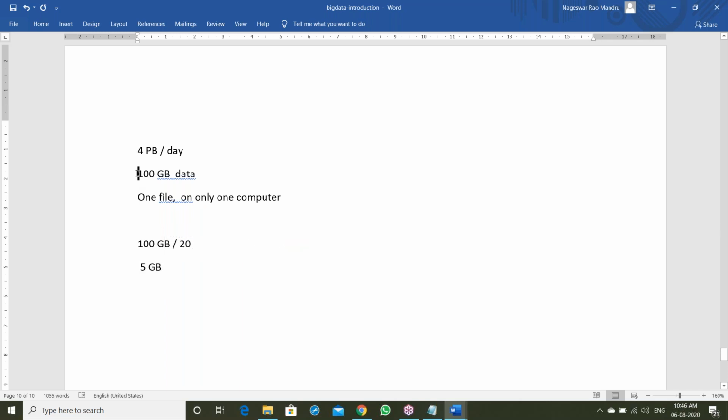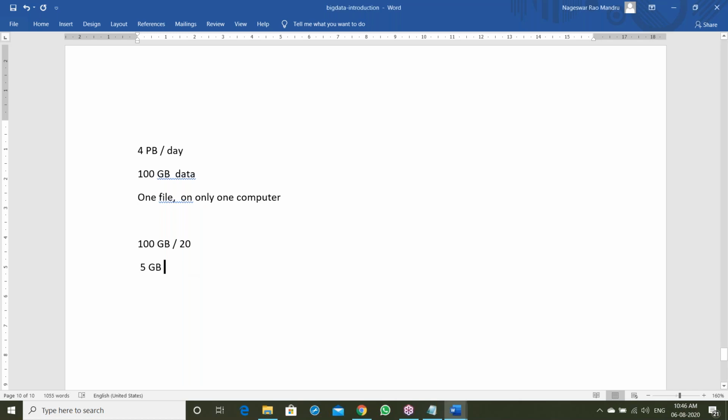In a traditional system, the whole 100 GB data file has to be stored on a single computer. But in Hadoop, that is not required. The data is stored on multiple computers. It becomes easy, right?